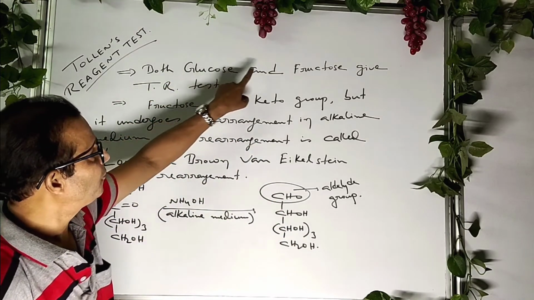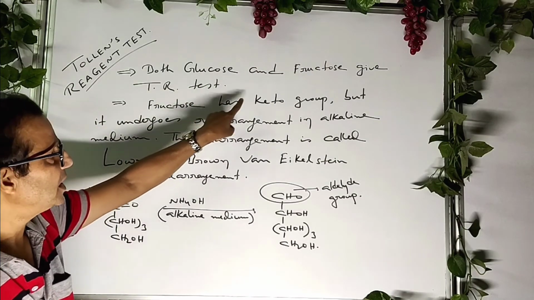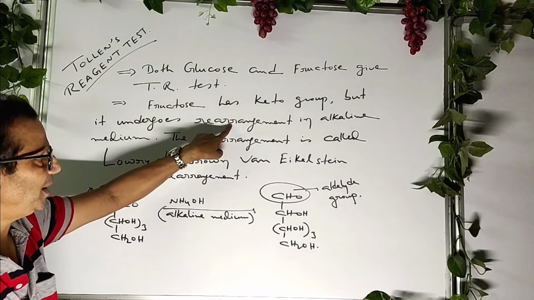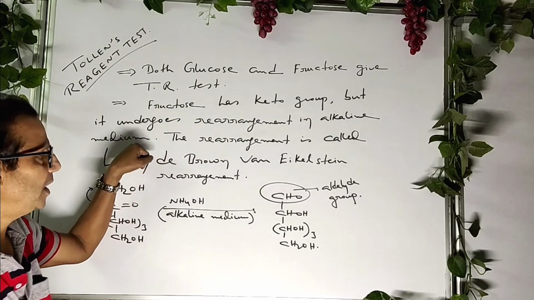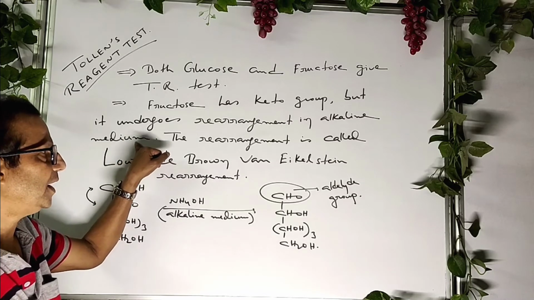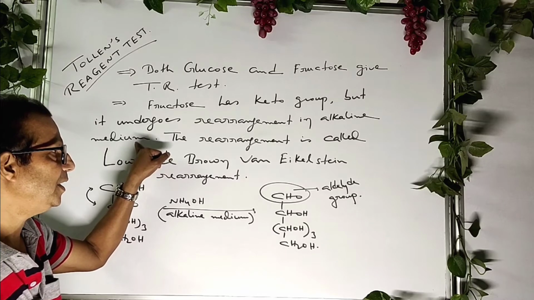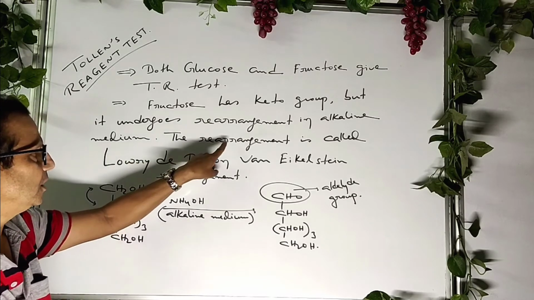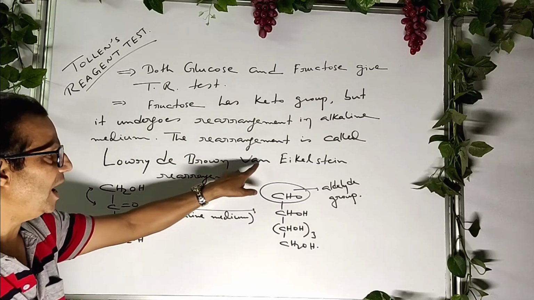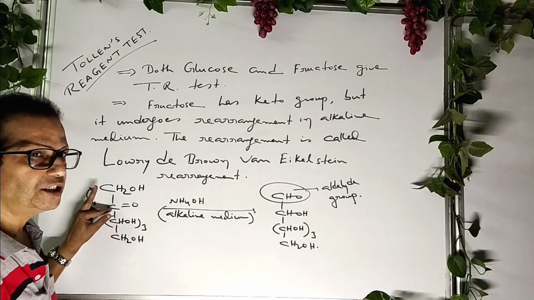So see, both glucose and fructose give Tollens reagent test. Fructose has keto group, but it undergoes rearrangement in alkaline medium. Alkaline medium means in Tollens reagent you have taken ammonium hydroxide, which provides alkaline medium in the reaction. The rearrangement is called Lobry de Bruyn-Van Ekenstein rearrangement. See the rearrangement.